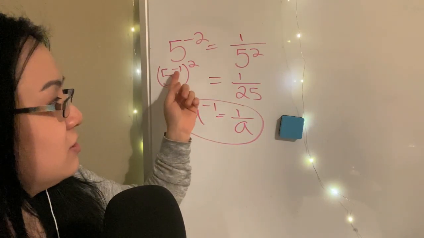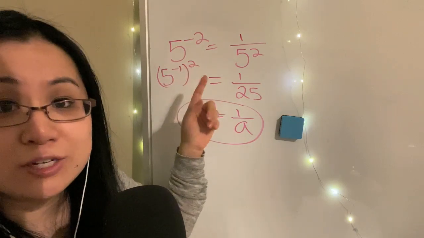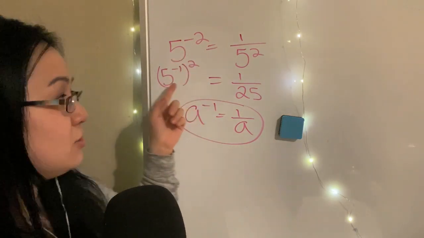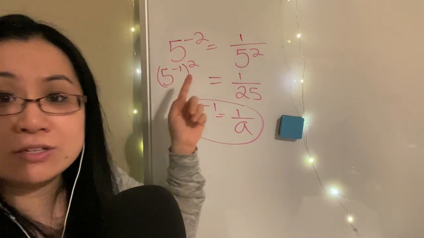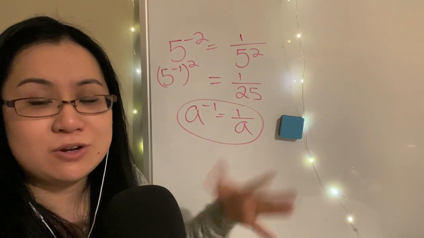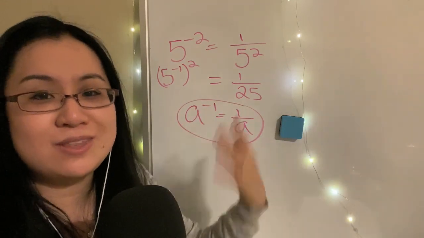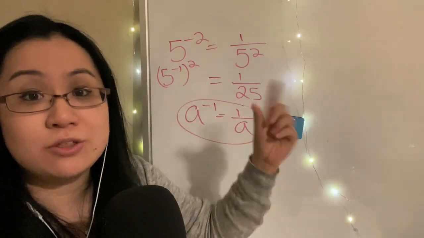If a to the stuff means that I can multiply the two exponents, and negative 1 times 2 is negative 2, then I can just do this rule, 1/5 squared. From there we know it's 1/5 times itself twice, so 1/5 times 1/5 is 1/25, or we can do it the other way.